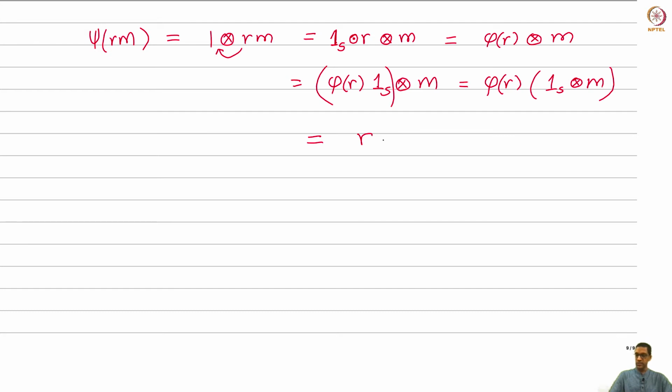So this is just the R action on the element 1S tensor M by restriction of scalars.